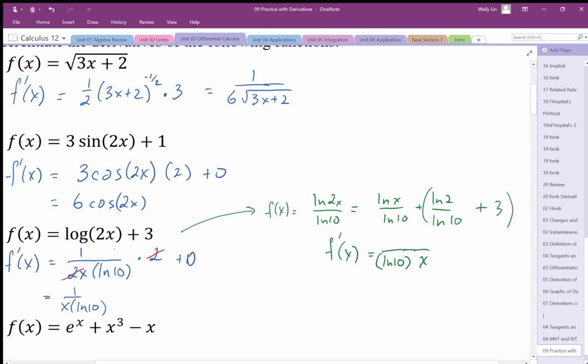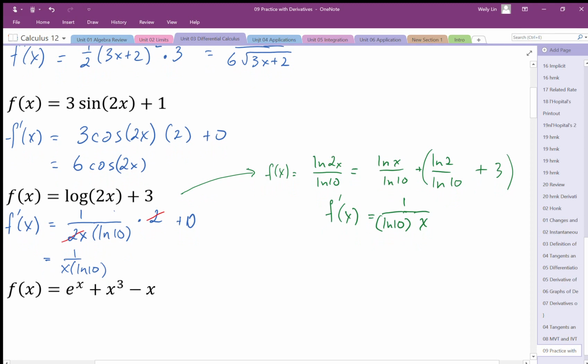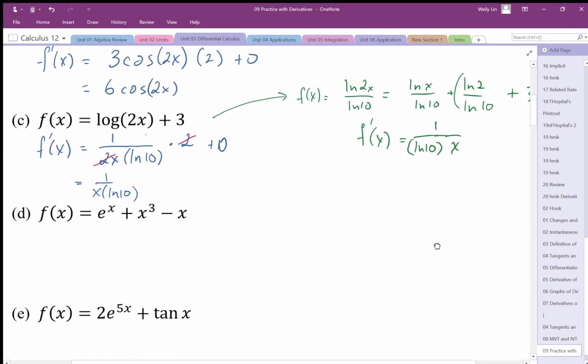But it took a little bit of work on the front end to simplify the log first. Now, either way is perfectly fine. Whatever way you find is easier to keep track of, that's the way I would suggest that you do it. But there are alternatives, especially with logs, and I would really suggest converting all logs into base e, just because it'll be much easier to deal with any base e log than any other base.